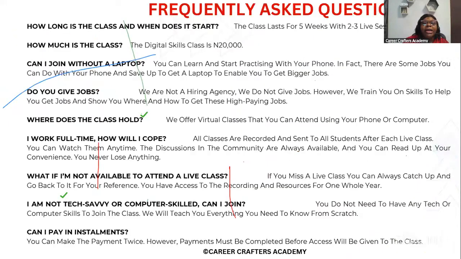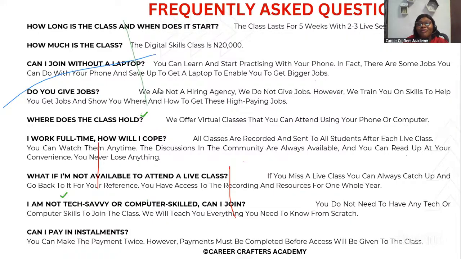Now let me read through the frequently asked questions before I give the room for you guys to ask your questions, so that we don't repeat the same questions. How long is the class and when does it start? The class lasts for 5 or 6 weeks, depending on how the class goes, and we give people bonus.